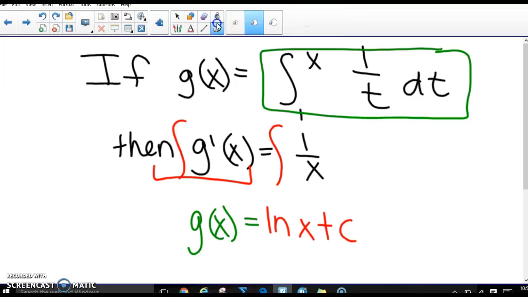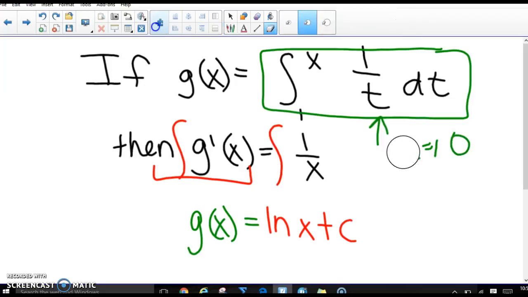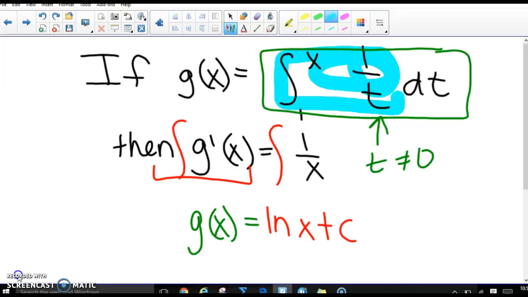We have to consider that in this original problem, our domain was that we could have everything except 0. T does not equal 0. The reason I'm looking at this domain is because this is the original question, and so that's going to be determining our domain for the entire problem.